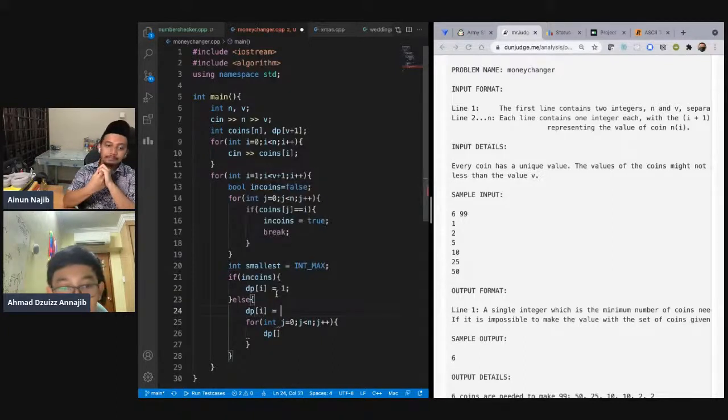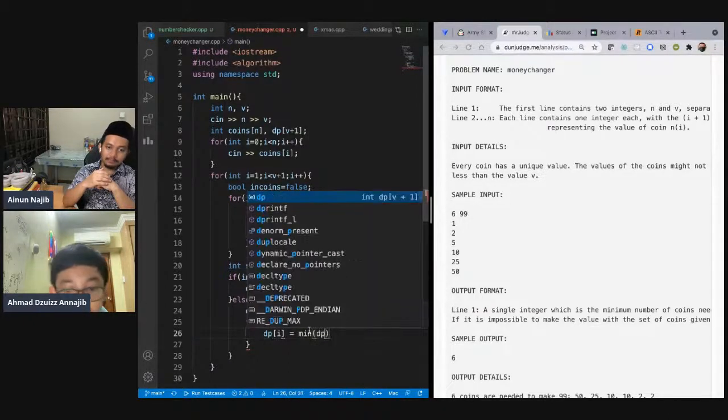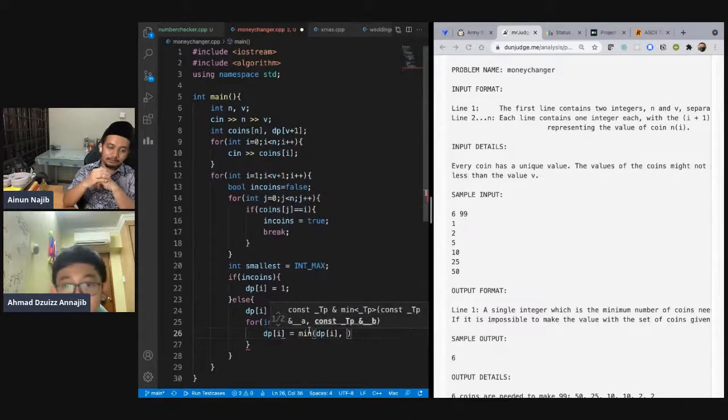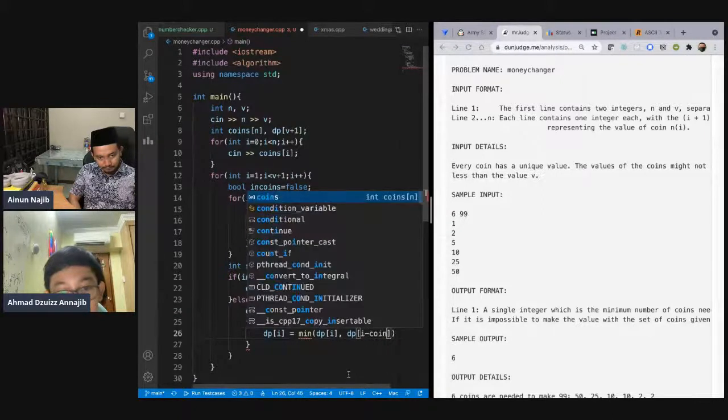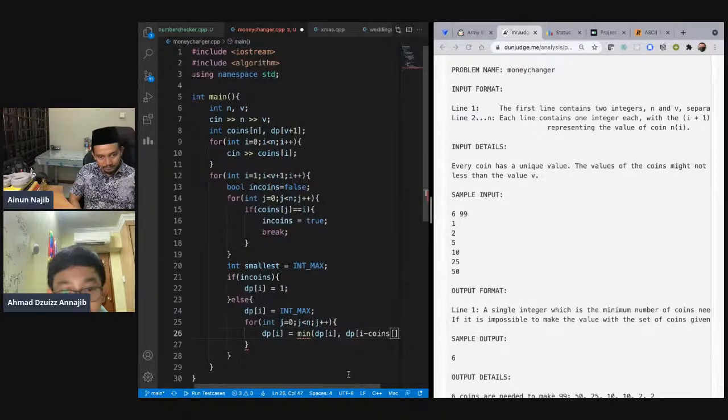DP i means max. DP i equal min of DP i and the new number, which is one plus what? DP i minus coins j.